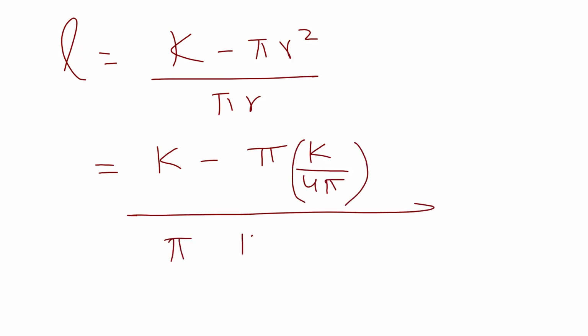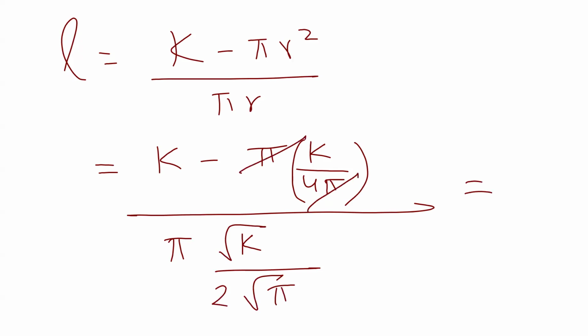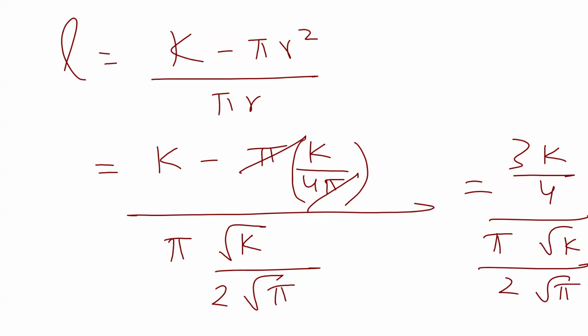And R is this. So pi getting cancelled. So 4k minus k is 3k by 4. Pi root k by 2 root pi.